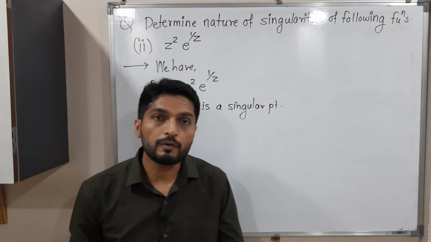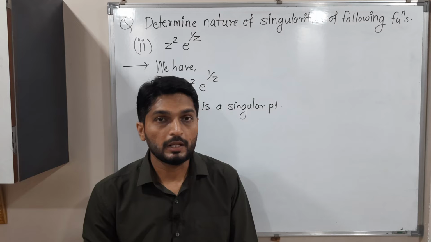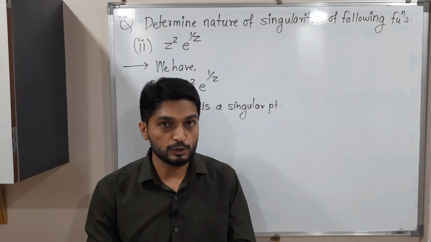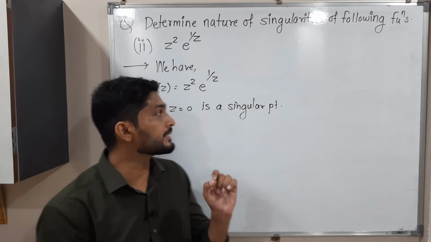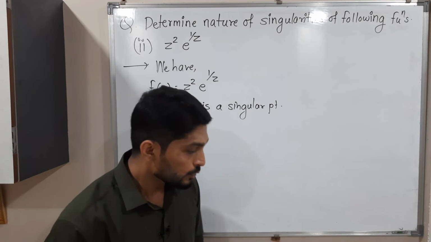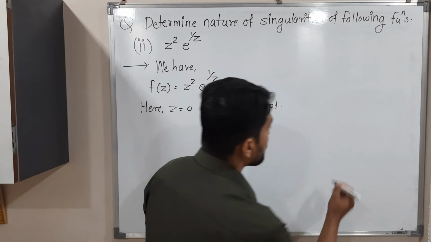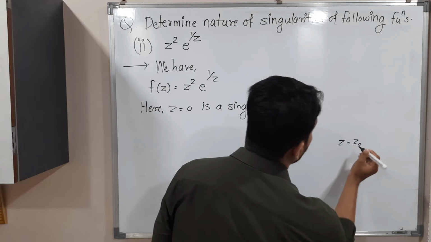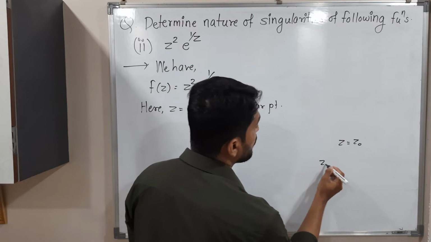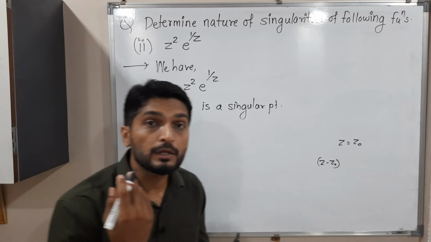And now we have to find its type of singularity, or the nature of singularity. The most important task is to find the Laurent expansion of this function f of z at z is equal to 0. That means we want z everywhere. Many times students get confused. When you have to find a Laurent series about z is equal to z naught, then the bracket z minus z naught should appear everywhere.